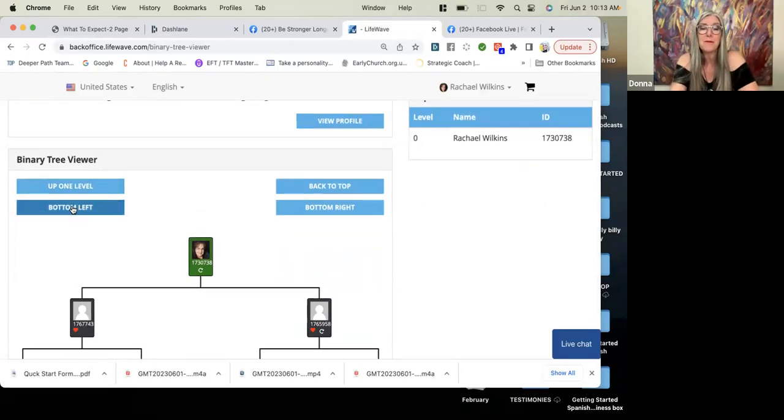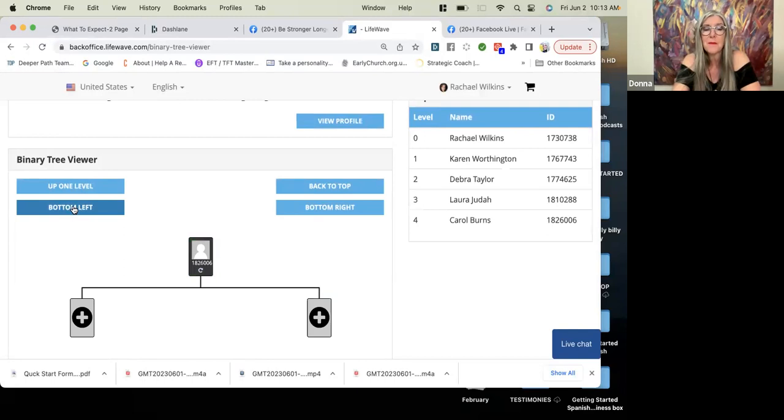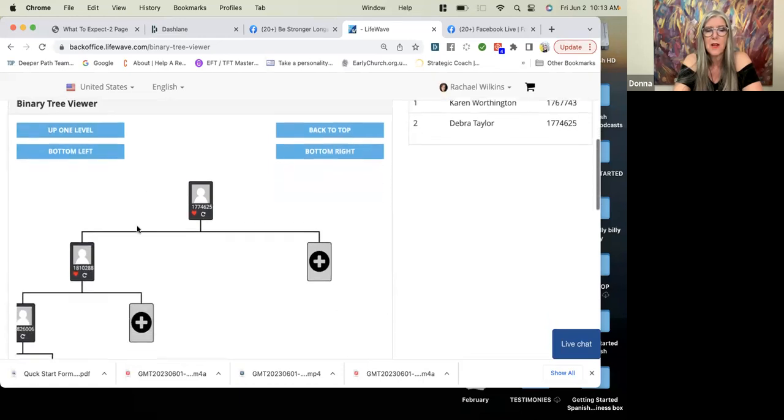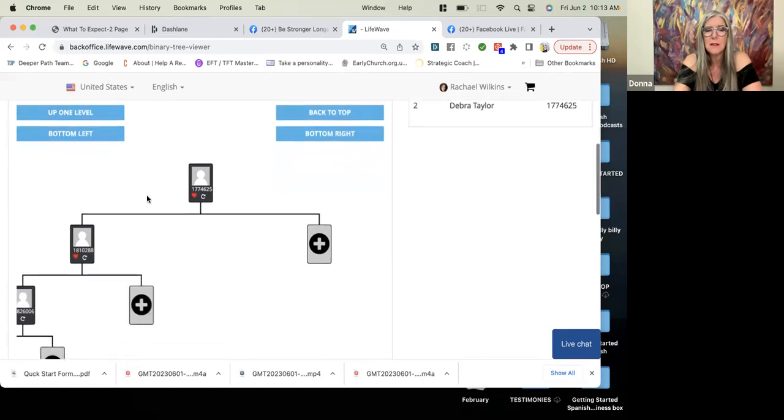Bottom left. This would be the plus that you click on your bottom left. Why? Because this is part of your left leg. This here is not part of your left leg. Let me show you. So here's the end of your tree.